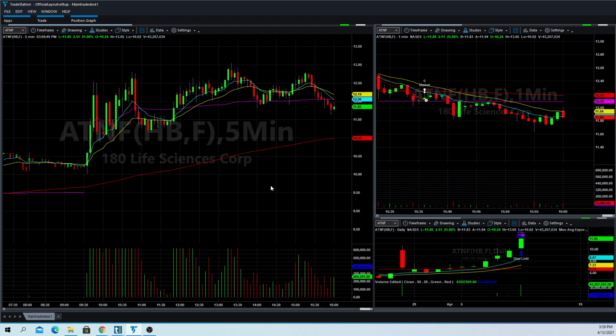So when I call it a key area, it leaves something in my head to say, okay, even though I have the support and resistance in there, that does not mean the stock has to actually fall on that specific price range.